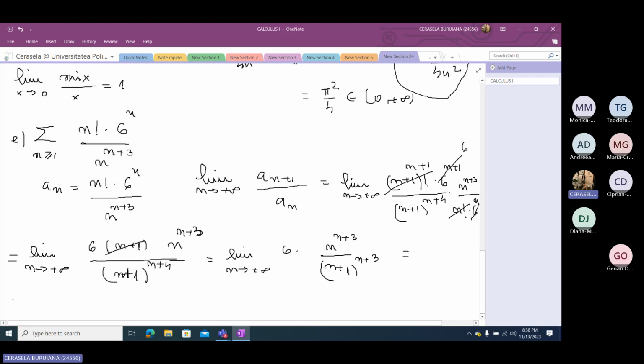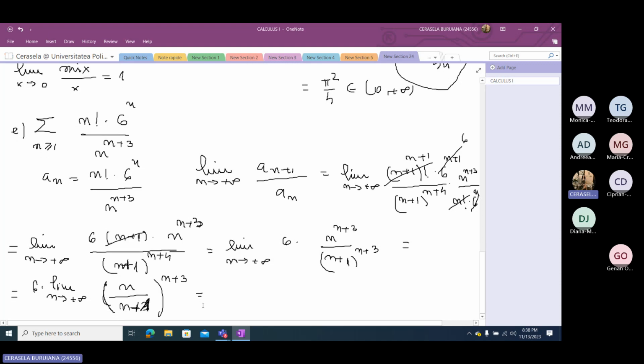Now, what I will get here, it will be 6, the constant, goes in front. So we get 6 times limit when n goes to infinity of (n over n plus 1), sorry, it will be n over n plus 1, everything power n plus 3. All right.